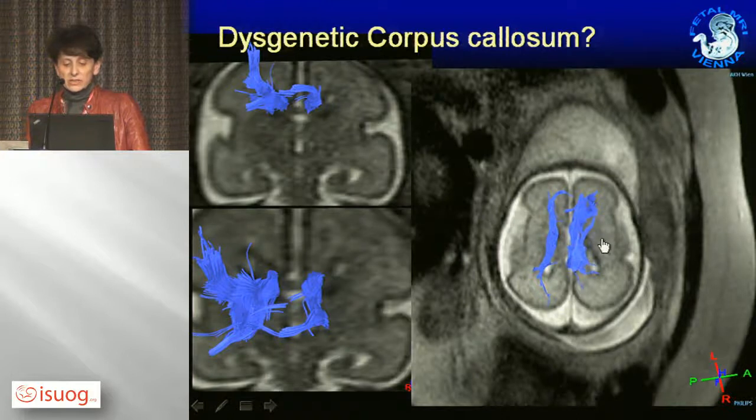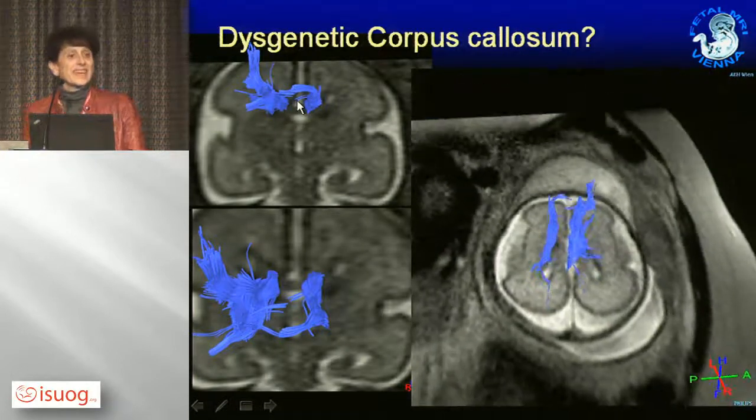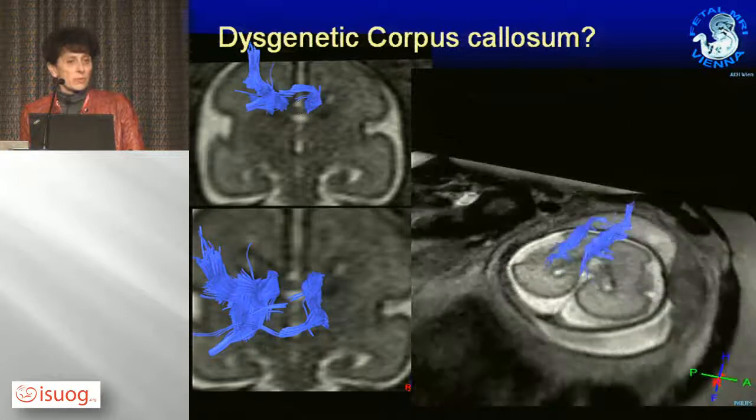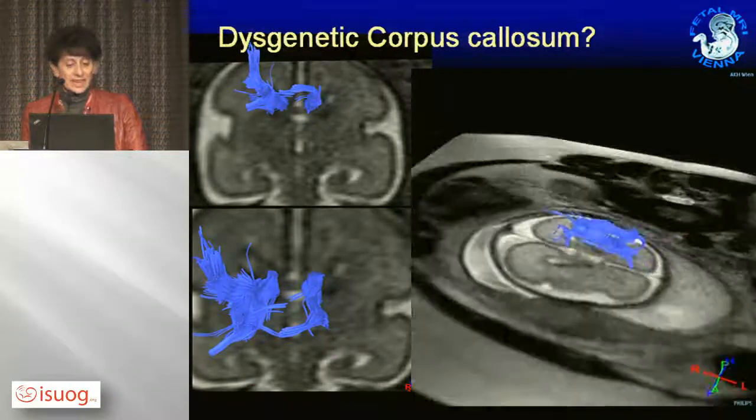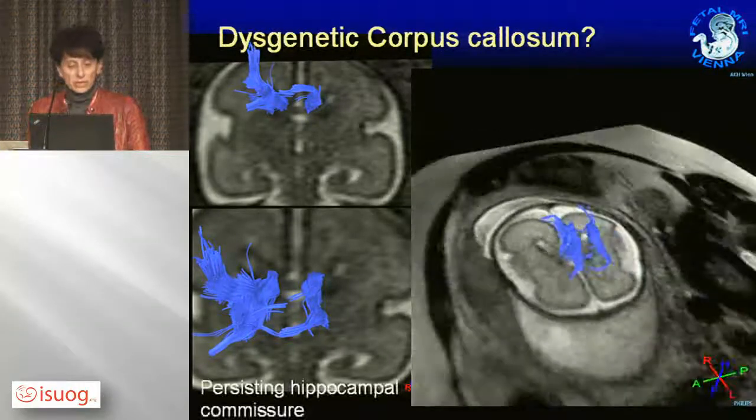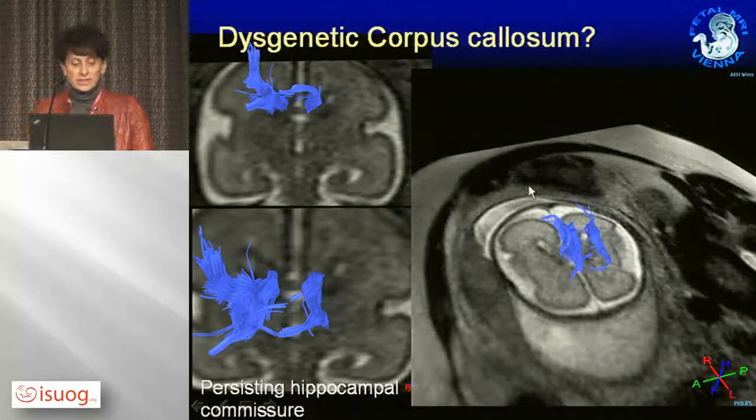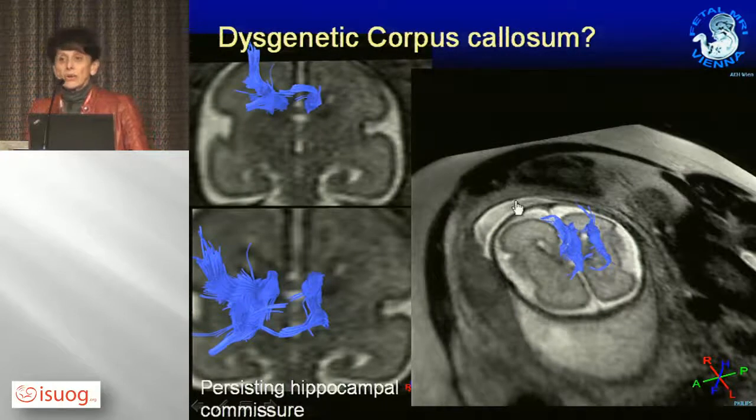So the structure we are dealing with cannot be the corpus callosum. It is something else. And it is a structure I have already mentioned before, because it is a persisting hippocampal commissure.